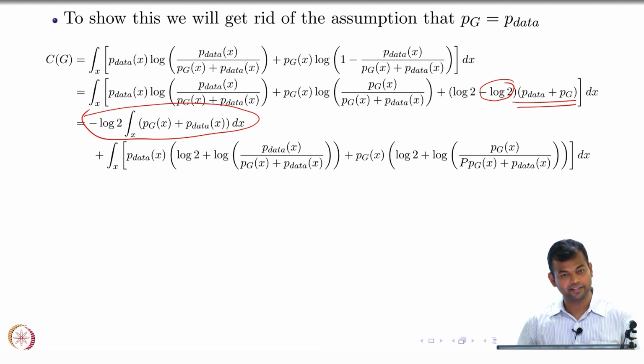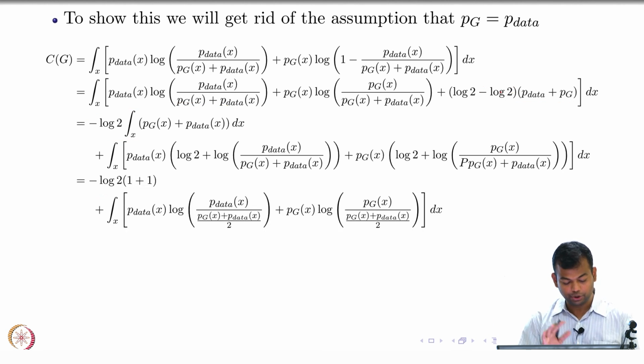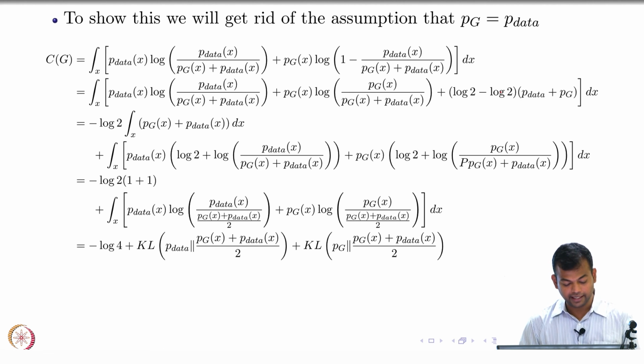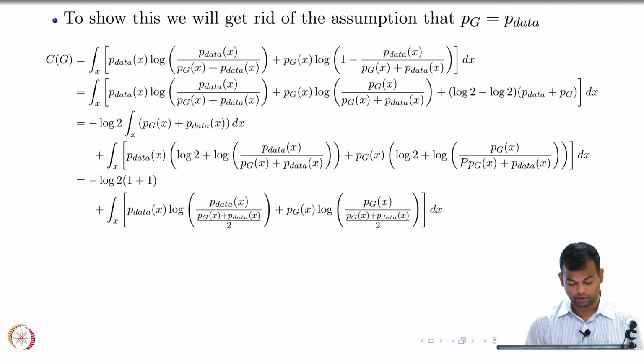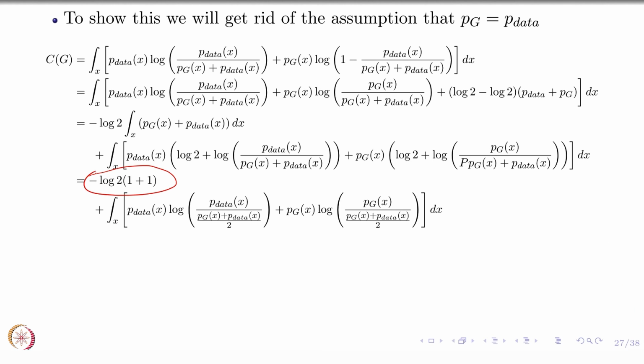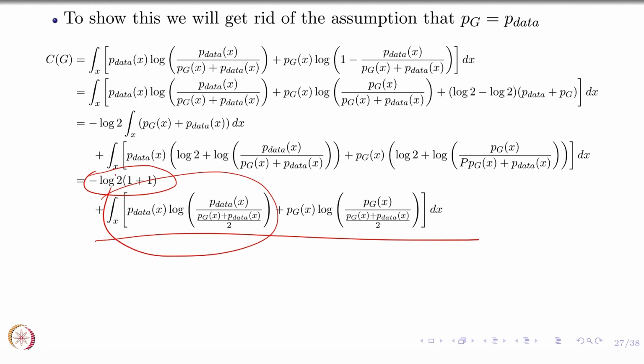This is very, very simple. I genuinely mean that. It's just some rearrangement of terms. And once you do all this, you will end up with minus log 4 plus some quantity. Can you tell me what this quantity is? First, what is this? It's a distribution. What about this?